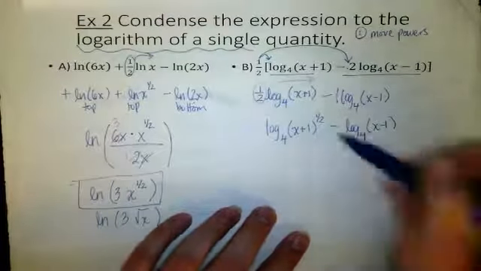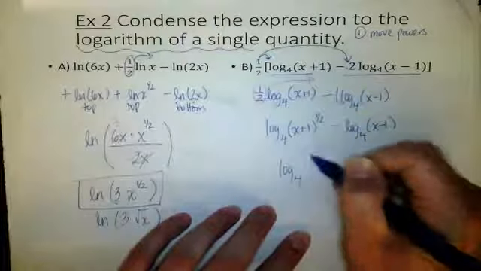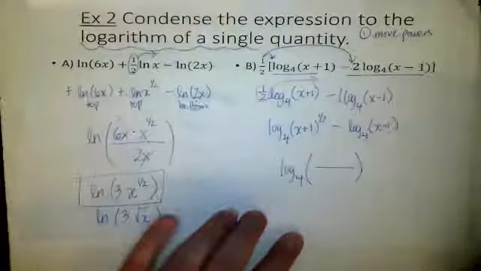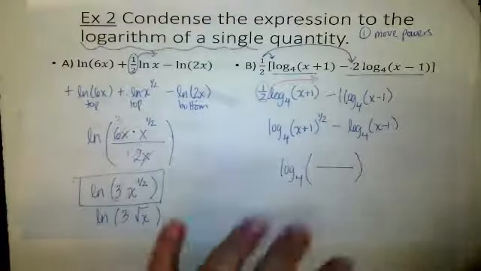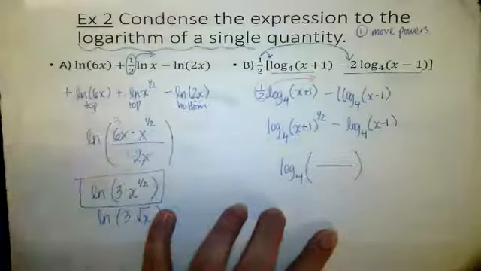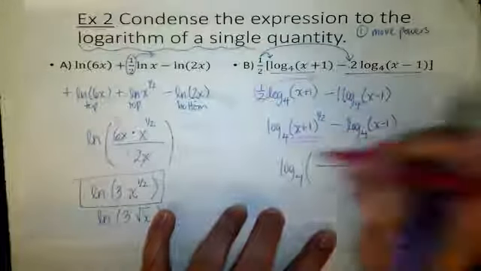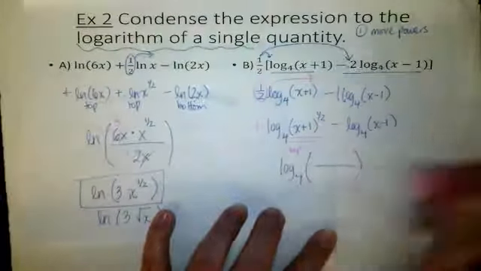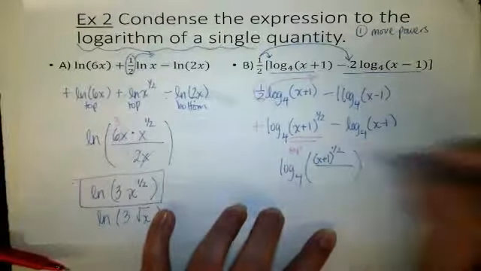So now that I've put my power back up in its power position, I'm going to write my single logarithm of a quotient. And then we just have to decide what arguments go on top and what arguments go on the bottom. So this whole x plus 1 to the 1/2, top or bottom? Top. Because it's got a positive in front, it goes on top. So x plus 1 to the 1/2.